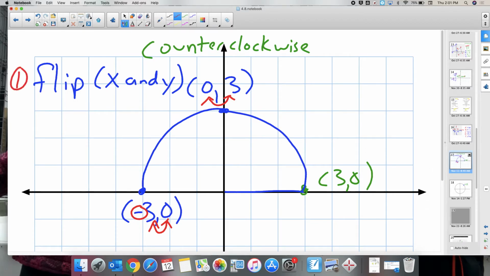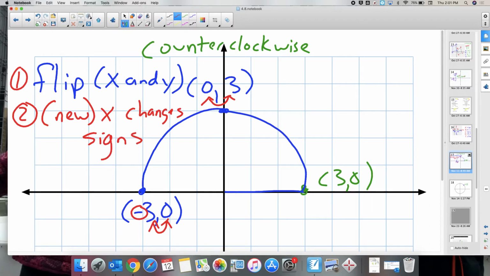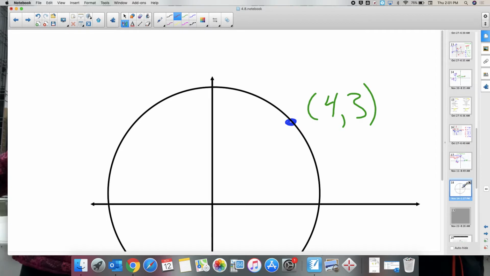So step 1, you're going to flip your x and your y. Step 2, our new x changes signs. Right? So I'll show it with the point 4, 3 then.